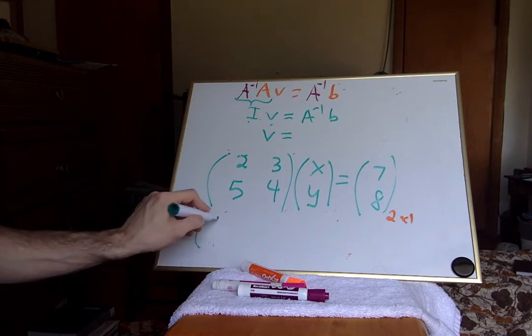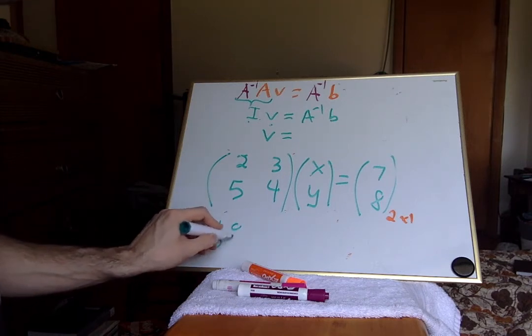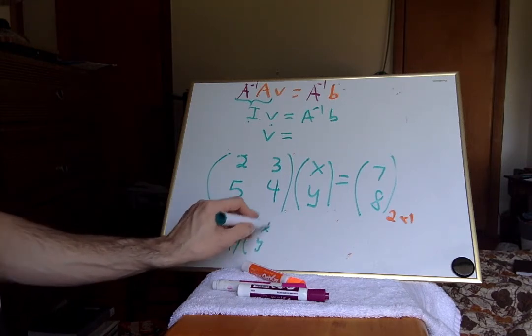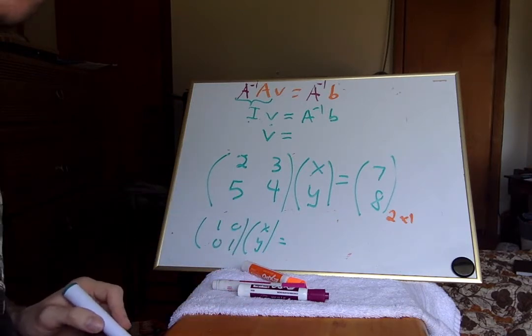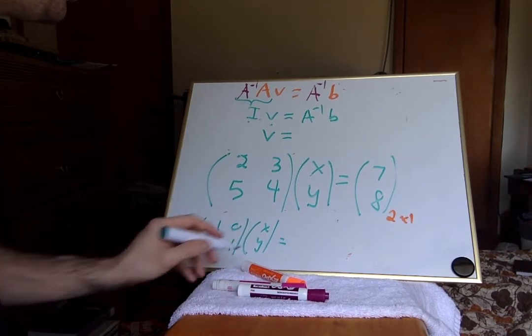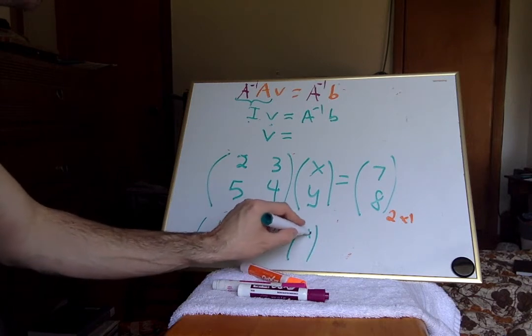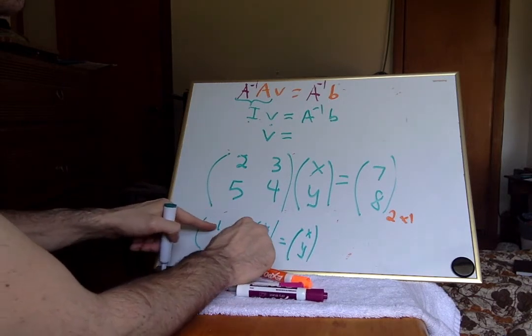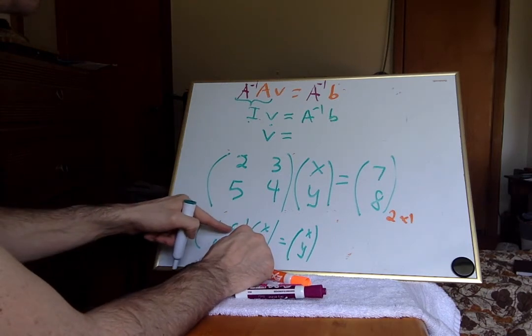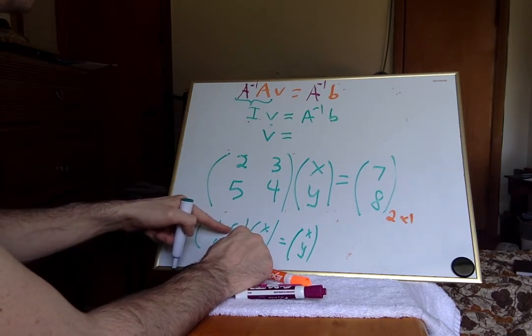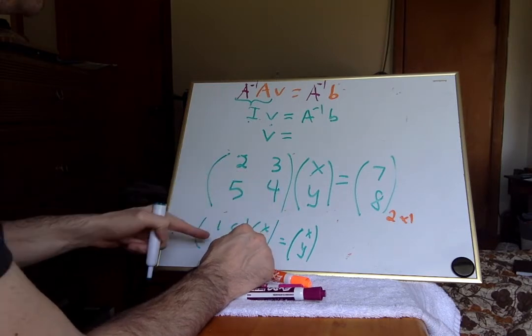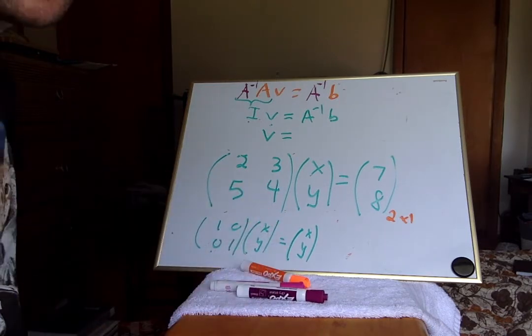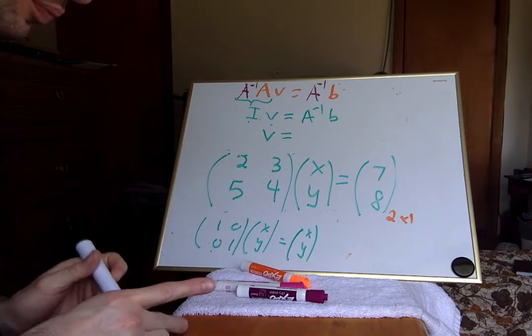If you don't believe me, this is [1 0; 0 1] times [x; y], right? This is I and this is V. And if I just carry the calculation out, I get V back, right? 1 times x is x, plus 0 times y is 0. So x plus 0 is x. And then again, I get it for y.